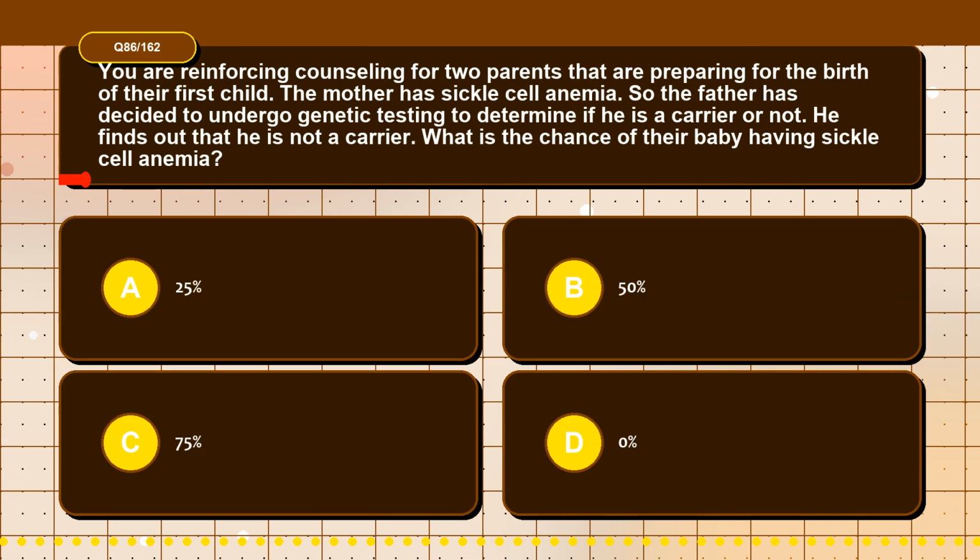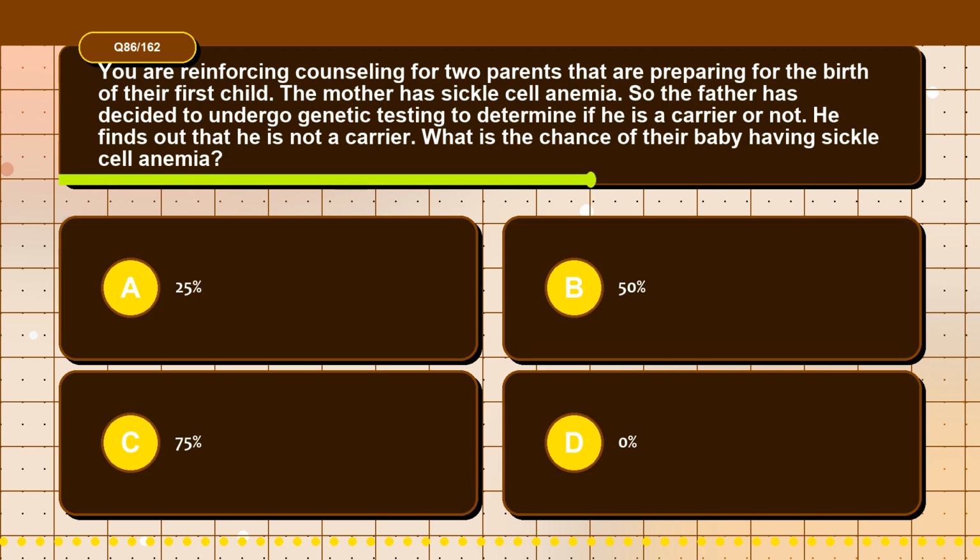Question 86. You are reinforcing counseling for 2 parents that are preparing for the birth of their first child. The mother has sickle cell anemia. So the father has decided to undergo genetic testing to determine if he is a carrier or not. He finds out that he is not a carrier. What is the chance of their baby having sickle cell anemia?